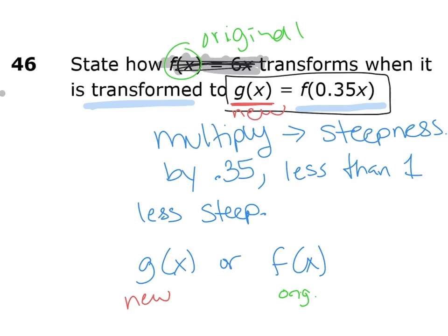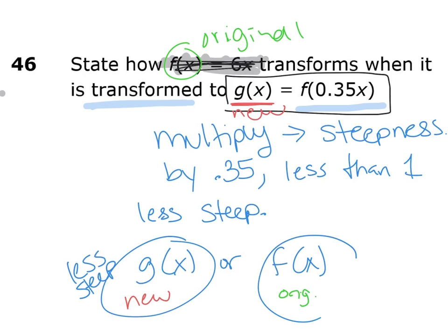Oh, excuse me, not steeper, less steep, because it was changed. So g of x is less steep, I apologize. And then f of x, which is the original, is the steeper graph. I'm pointing that out because on your test, I might ask which graph is steeper, and you want to make sure you have it properly labeled.